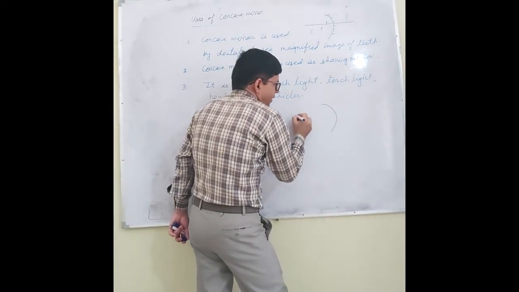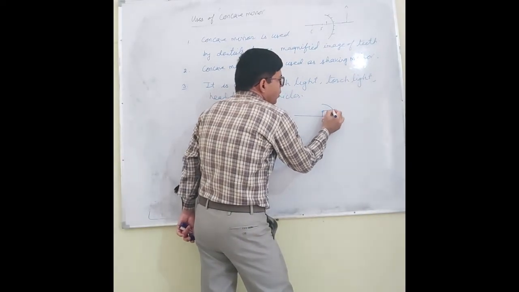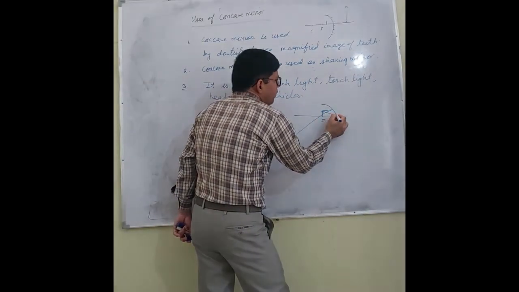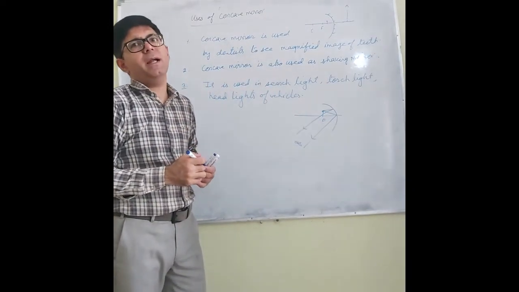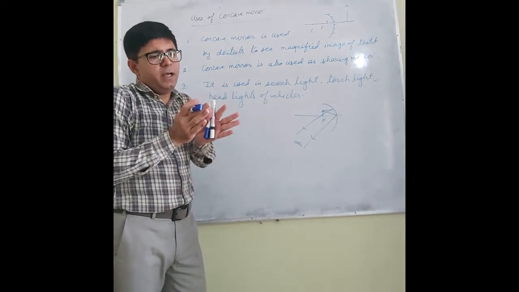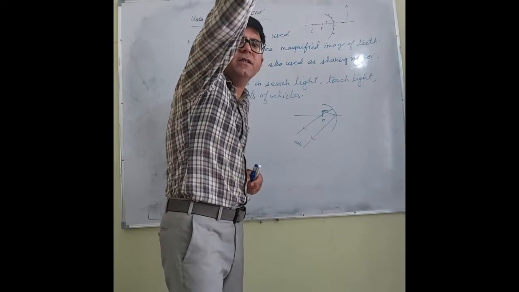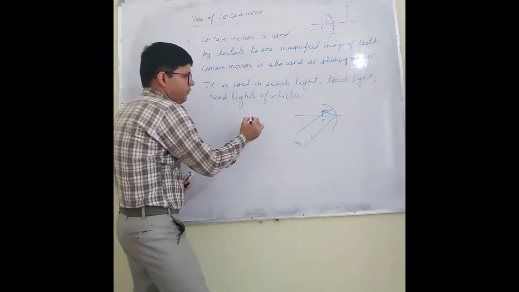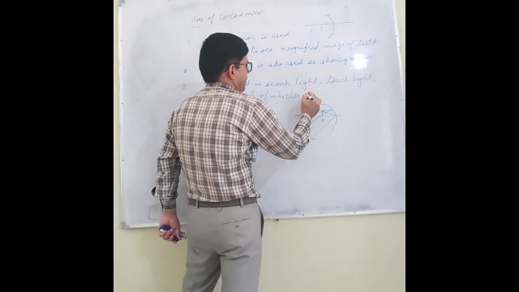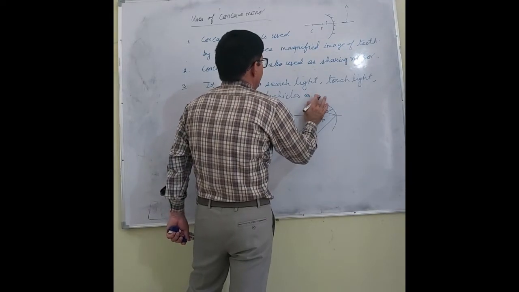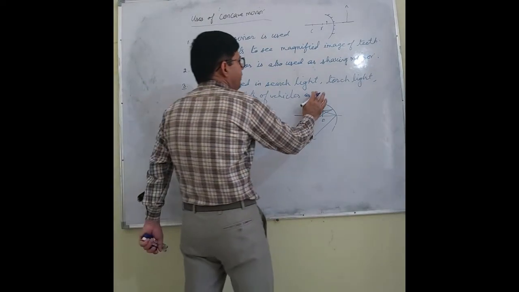We have done, if object is placed on the focus, its image will form at infinity. What do we expect from the headlight of a vehicle? So that light from the headlight must go to a large distance. How is it possible? If this is the concave mirror, as it is used in searchlights, torchlights and headlights of the vehicles as reflector.